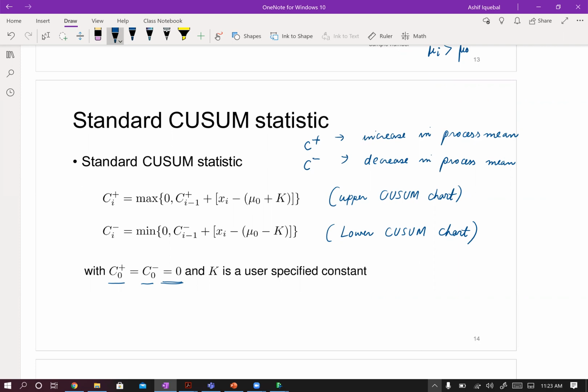Right now, there is one parameter here, parameter K, and K is a user specified constant. In the next couple of slides, we'll see how we can determine this value of K. Now, I have Ci plus and Ci minus, but I still don't have my control limits.